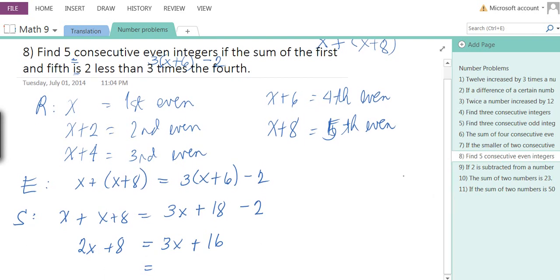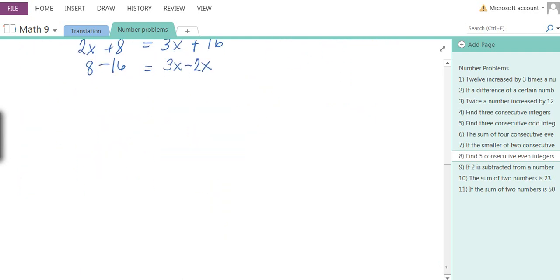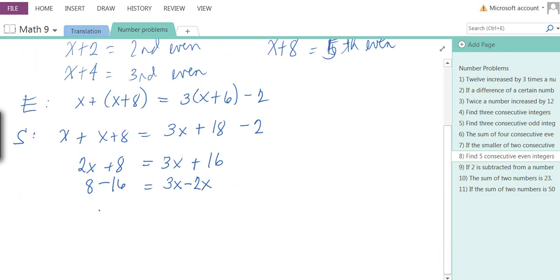Now we need to isolate our x, so I'm going to undo x to the other side, so it will be 3x minus x, and then 16 to the other side, so 8 minus 16, and we'll get here negative 8 is equal to positive 2x. So my first integer is negative 8.